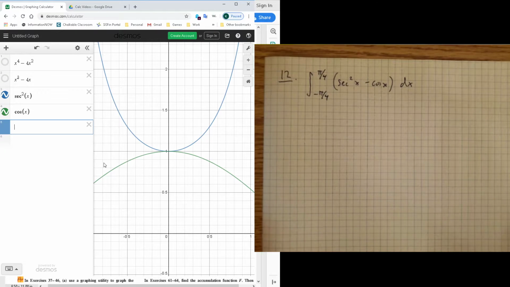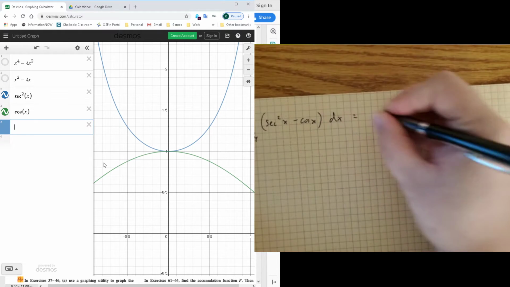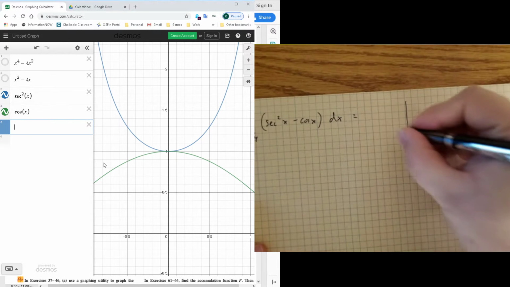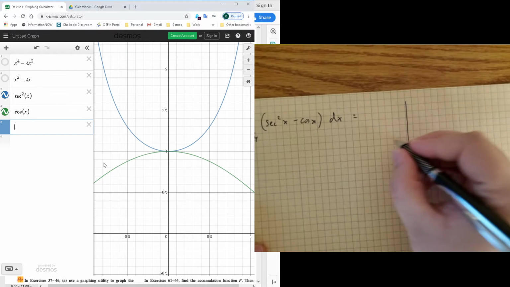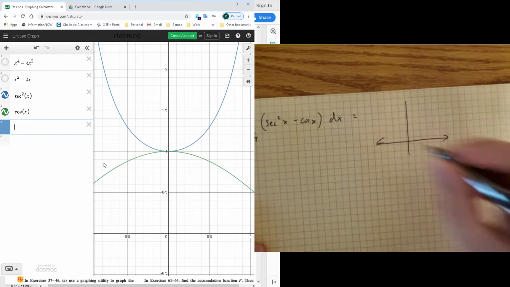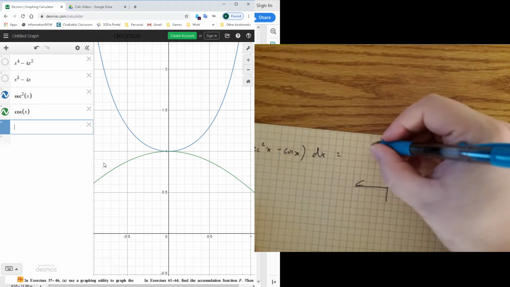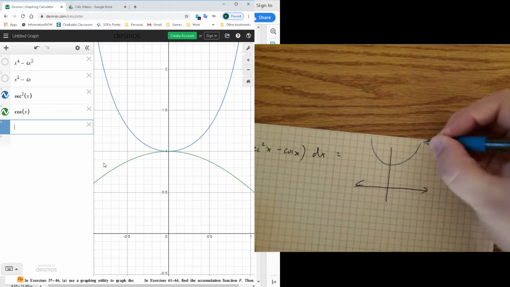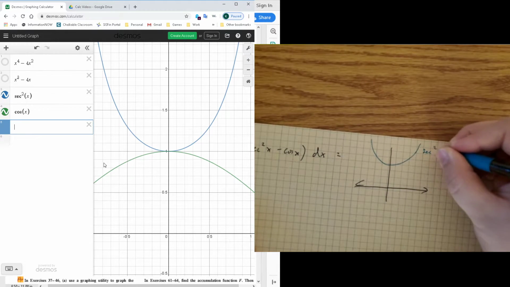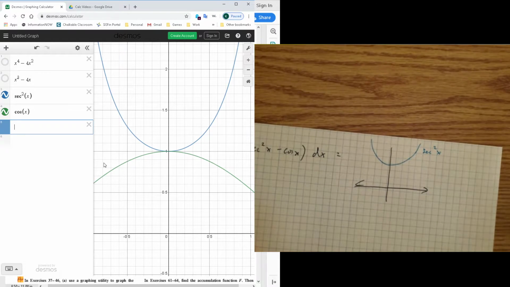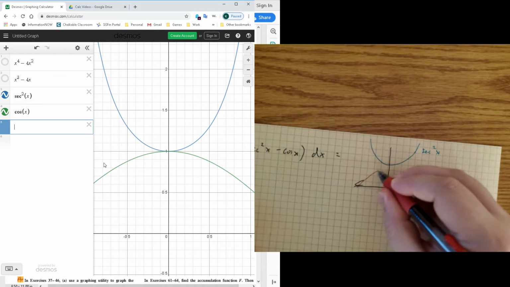And so if I want to graph this thing, what would this look like? Let's get above the graph. So we have the secant squared, and then on bottom we have the cosine.